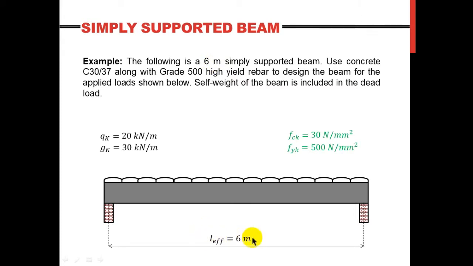We have the effective span. What they say here is that the self weight of this beam is included in the dead load. So the dead load here includes the self weight of the beam. Now we have to design this beam, so we'll start from scratch. So let's design this beam.